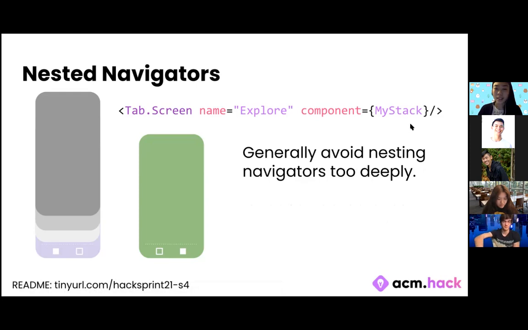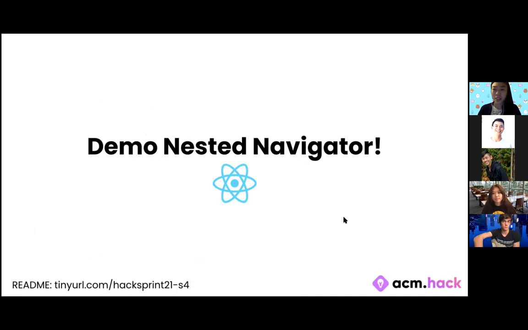In theory, you can have lots of nesting, like putting a tab navigator inside of a stack navigator, inside of a stack navigator, and so on. But both as a developer and as a user, that gets confusing, so try not to nest navigators too deeply. I'm going to have a demo for that.